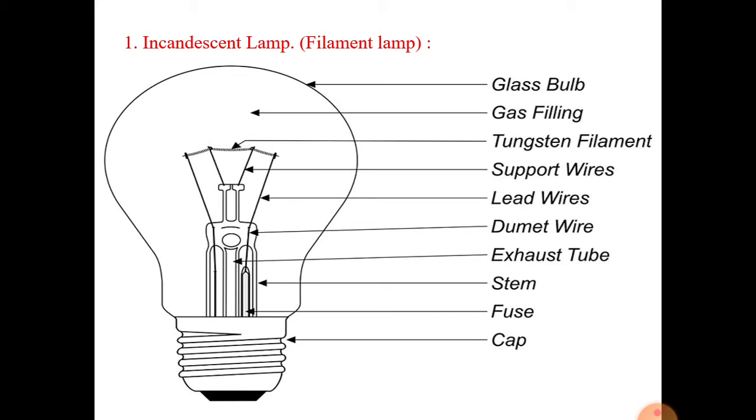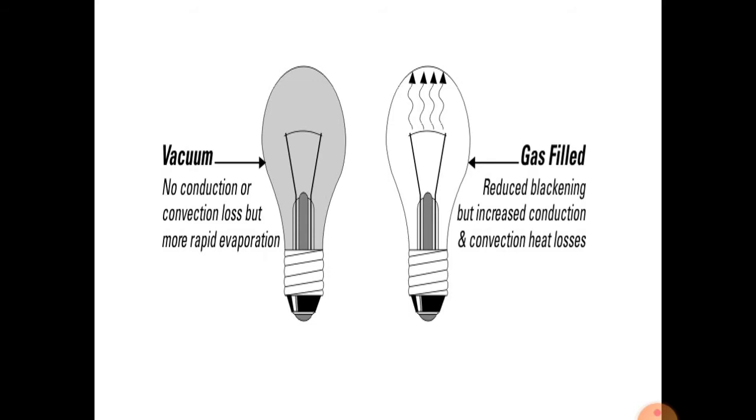Then the other parts are the duplicate wire, exhaust tube, stem, fuse and cap, which is inserted into the socket or the lamp holder. These are the two types of lamp which I already told you: one is vacuum filled and another one is gas filled.